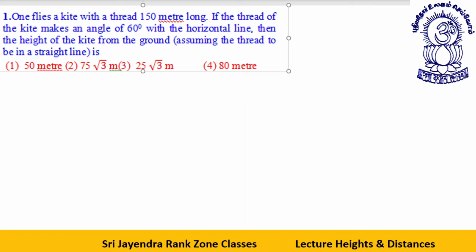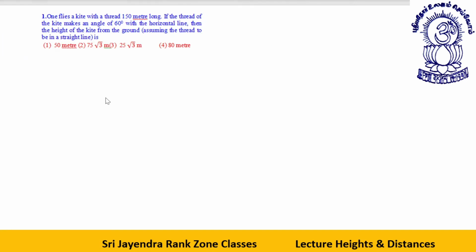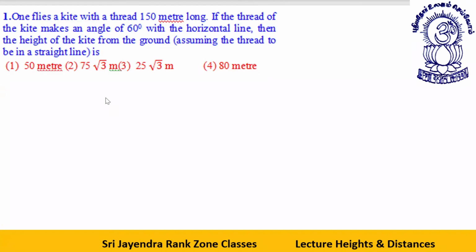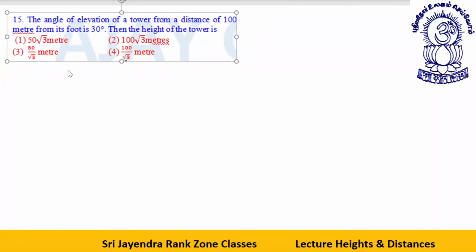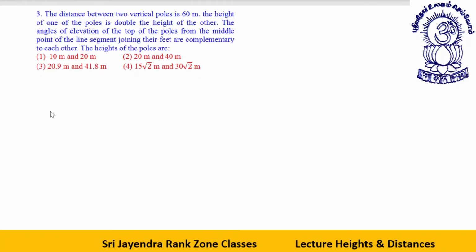One flies a kite with a thread 150-meter long. If the thread of kite makes an angle of 60 degree with the horizontal line, I think wrong question has been taken. Just give me a second. This is the next question.